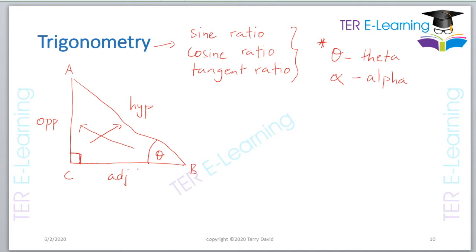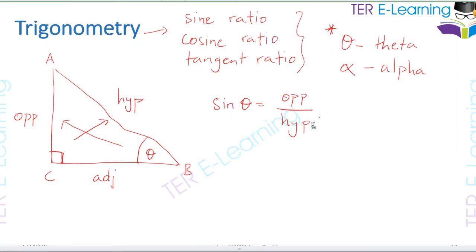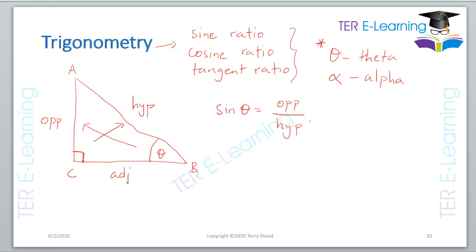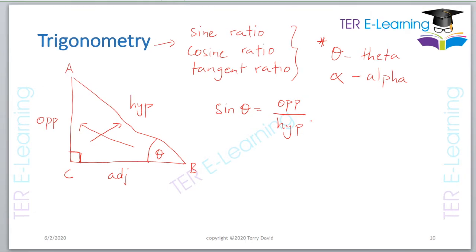Now, these ratios mean different things. So for example, sine theta is equal to opposite divided by hypotenuse. That's something you have to know. Sine theta is equal to opposite over hypotenuse.